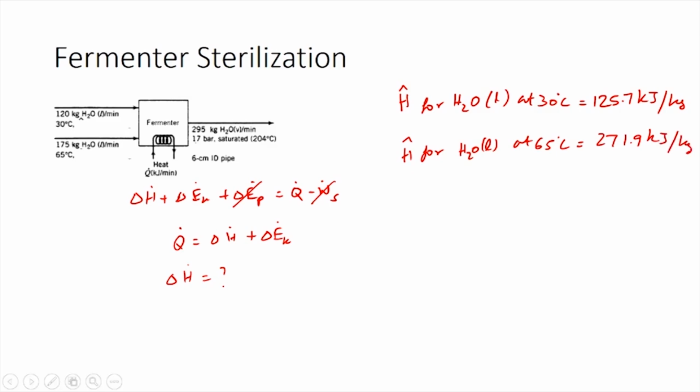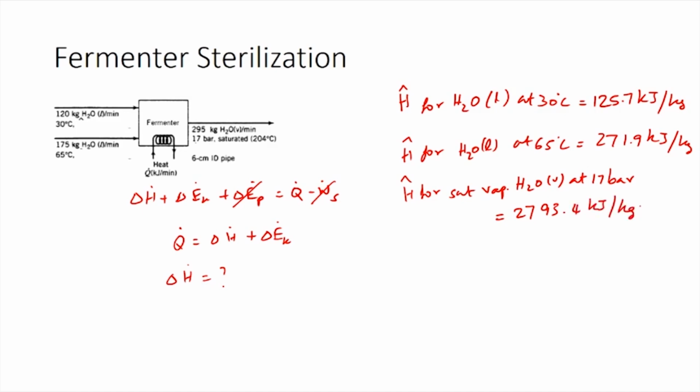Looking at the saturated steam tables, we get the specific enthalpy for saturated vapor, which is water at 17 bar, as 2793.4 kilojoules per kilogram, and the temperature is 204 degrees Celsius. Having these values, we can calculate delta H dot.